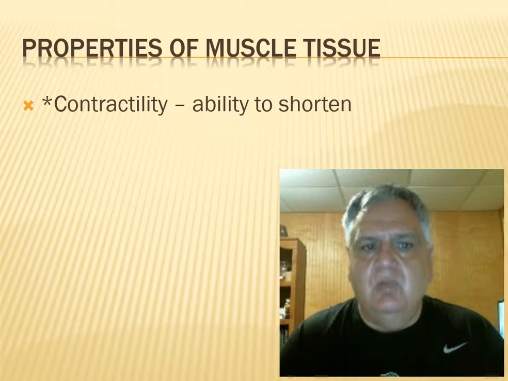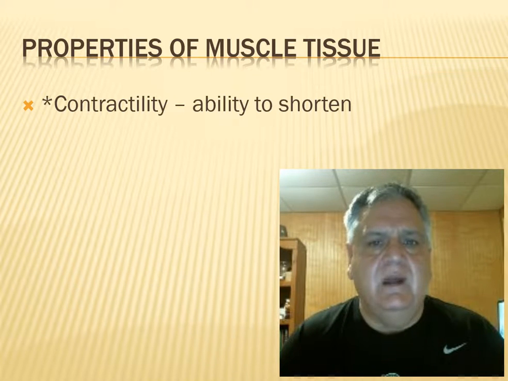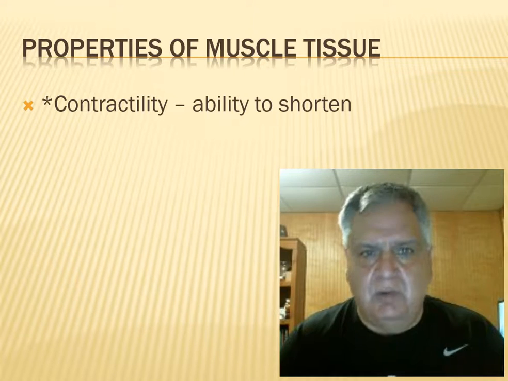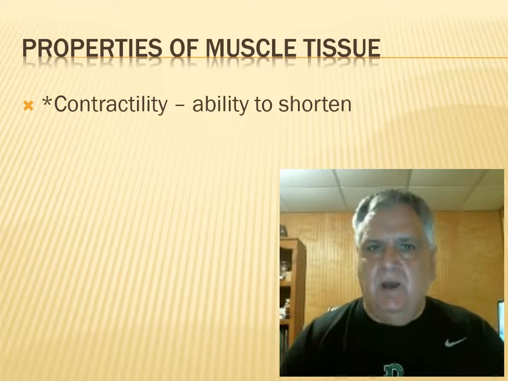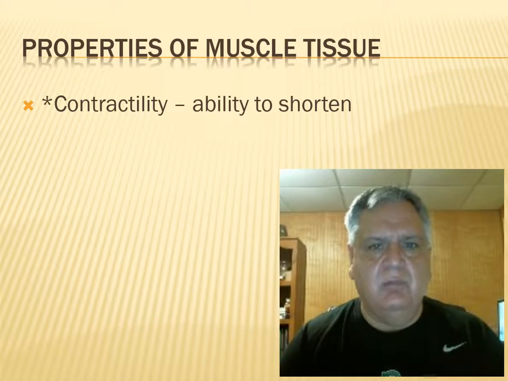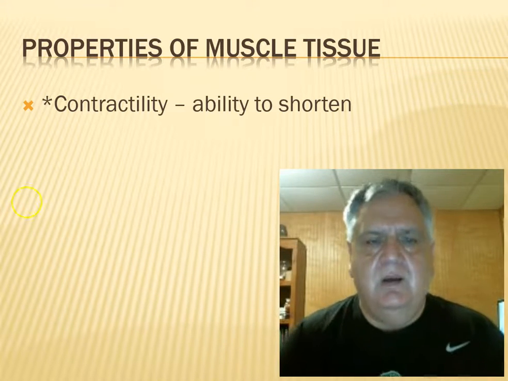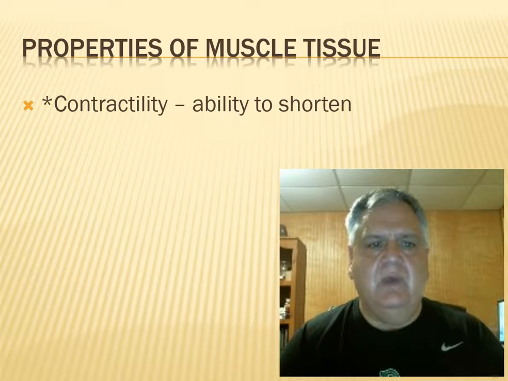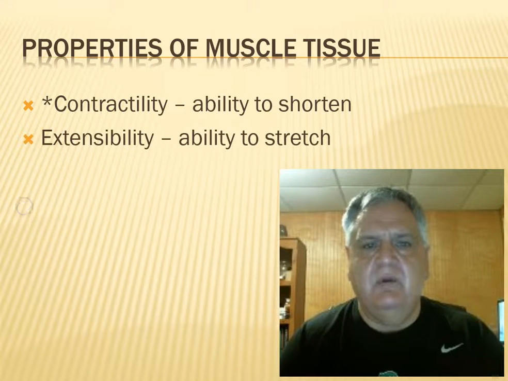For now, we're going to define contractility as the ability of a muscle tissue or muscle to shorten. That definition will be evolving as we go along, but for now, in the beginning, we'll look at it from the standpoint of its ability to shorten.